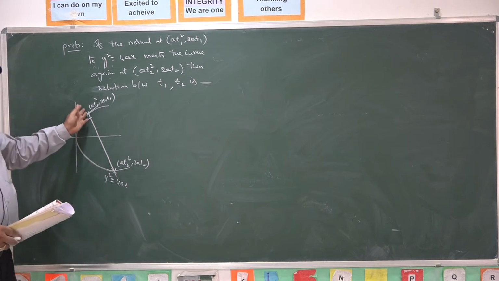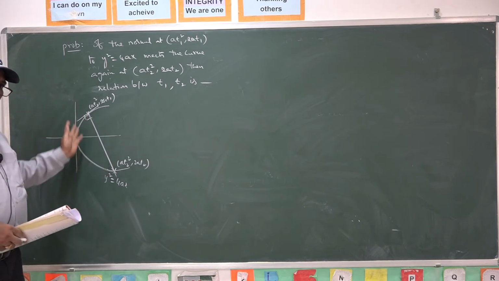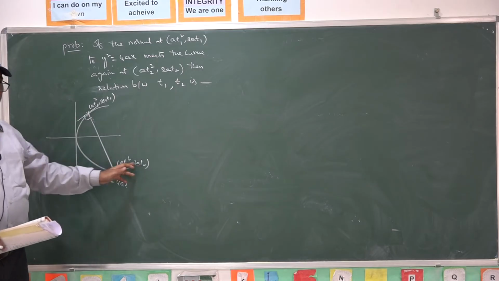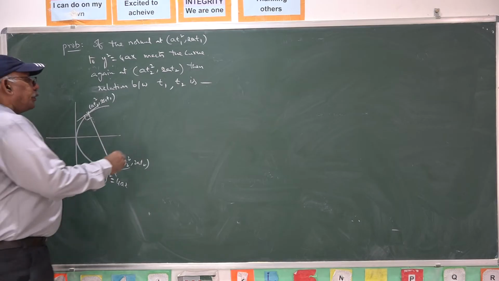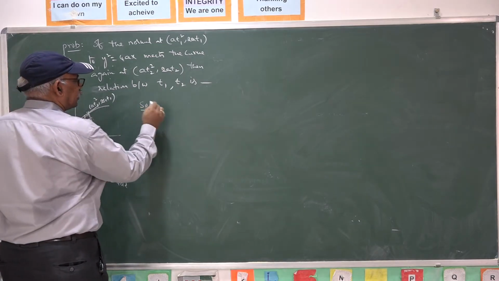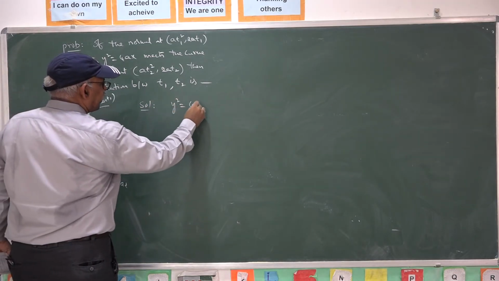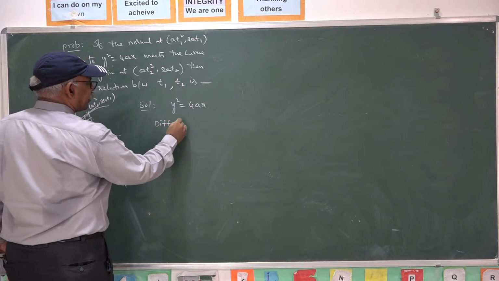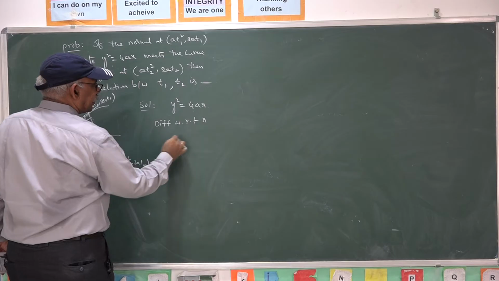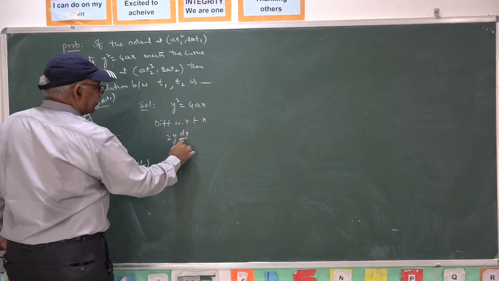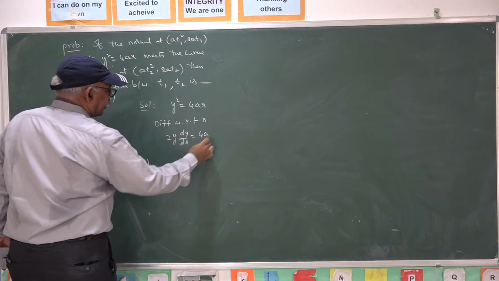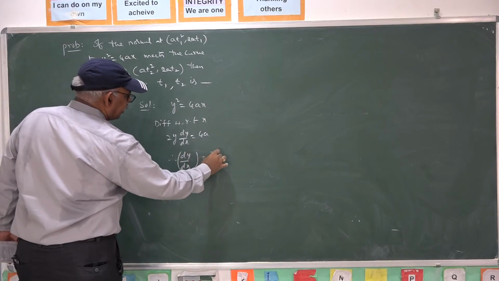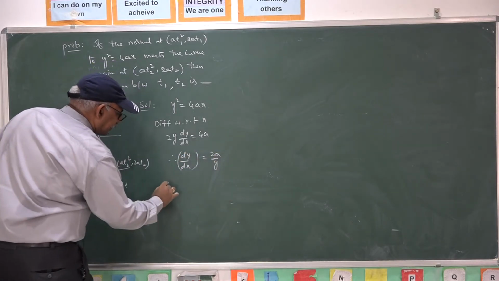So for that, find the equation of the normal to the curve at this point. That normal is satisfied by this point. So taking y square equal to 4ax, differentiating with respect to x, we get 2y dy by dx is 4a. So dy by dx is 2a by y.